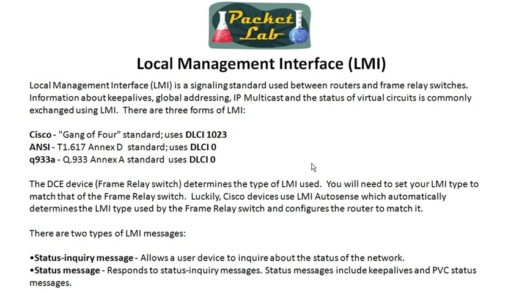When this first got rolled out, it had some problems, so you might see situations where it is hard-coded, and you definitely can hard-code it by specifying the LMI type. But nowadays, LMI Autosense works so well that generally you don't need to hard-code it unless you're going through a troubleshooting process.